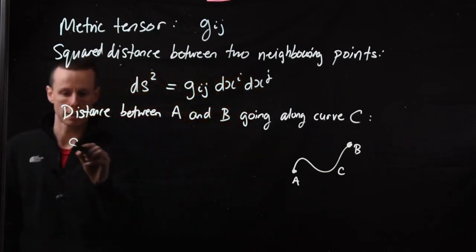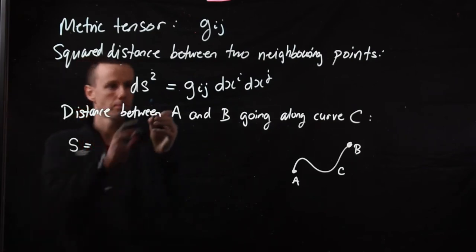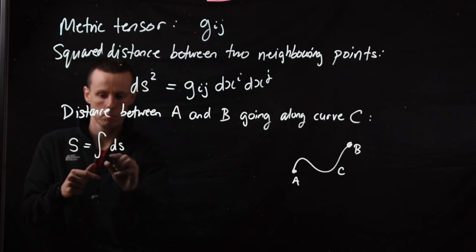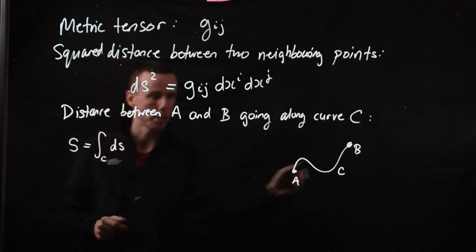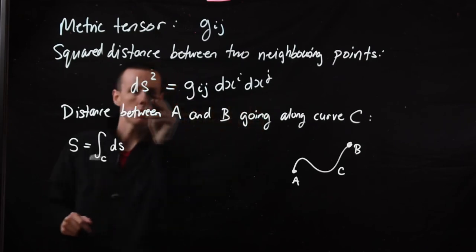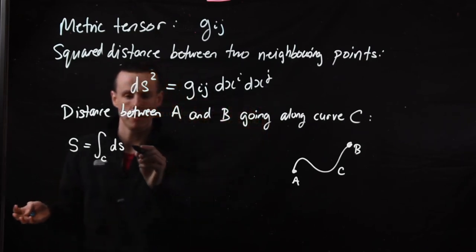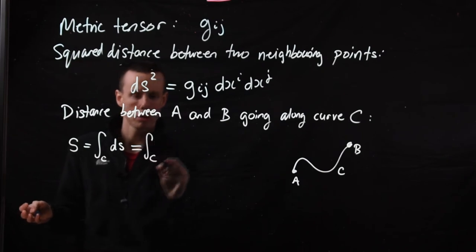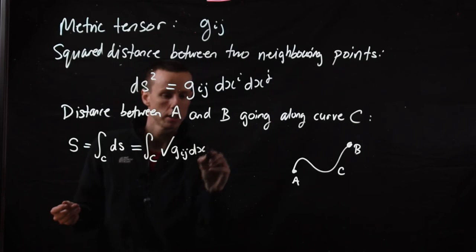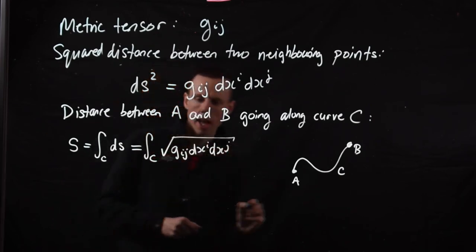We call the length S, and it's given by the integral of ds along that curve, between point A and point B. And ds can be found from here. This is the squared distance, ds squared, so we just take the square root of that. So it's just the integral along the curve of the square root of gij dxi dxj.